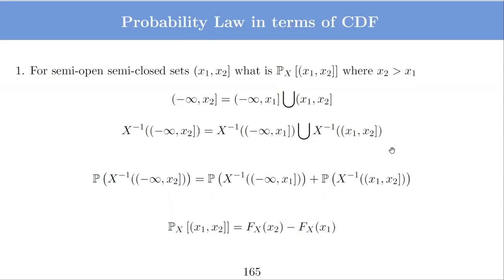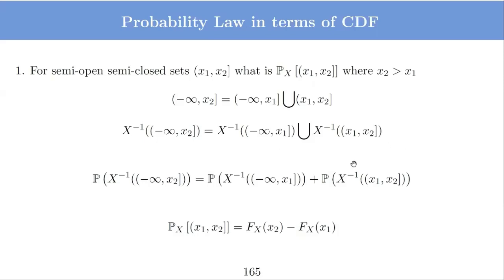Once we have shown this, we can now apply the probability property that the probability of this set is equal to the probability of this set plus the probability of this set. We can convince ourselves that these two are disjoint, because this is made from all omega which map to a number less than x1, and this is made from all omega which map to a number more than x1, and of course less than x2.